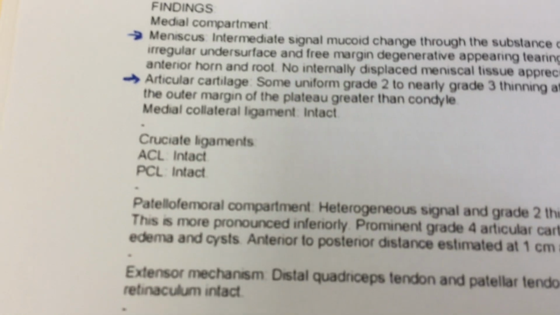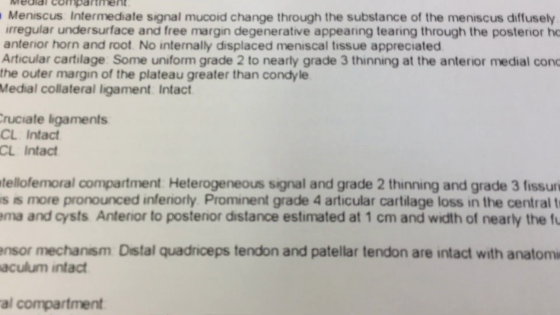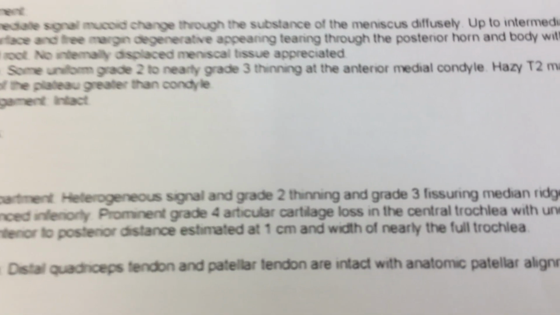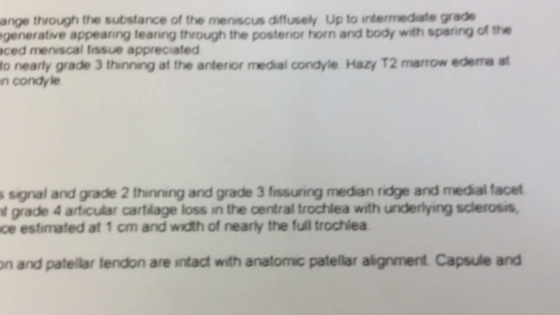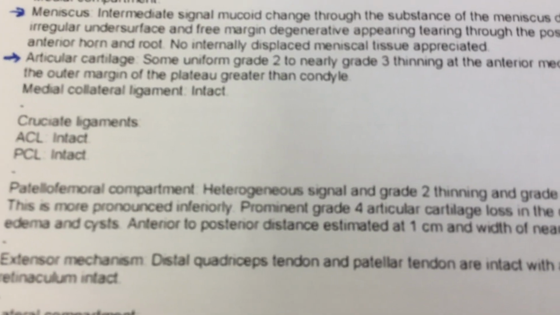And then below it says the patellofemoral compartment, that's her kneecap, was heterogeneous signal and grade 2 thinning of the cartilage at her kneecap with grade 3 fissuring on the median ridge and the medial facet, the inside portion of her kneecap. And this is more pronounced on the under or inferior surface.